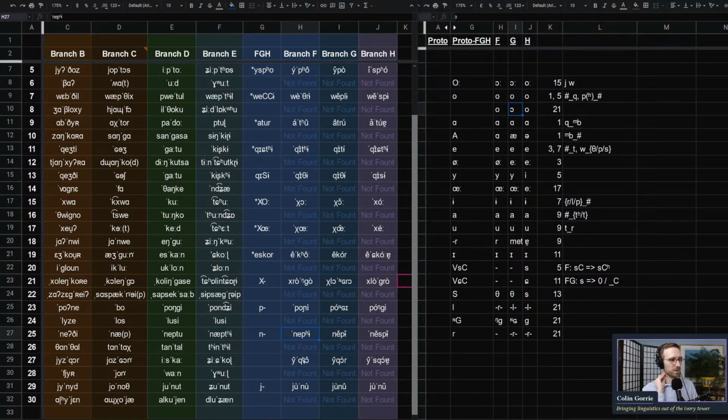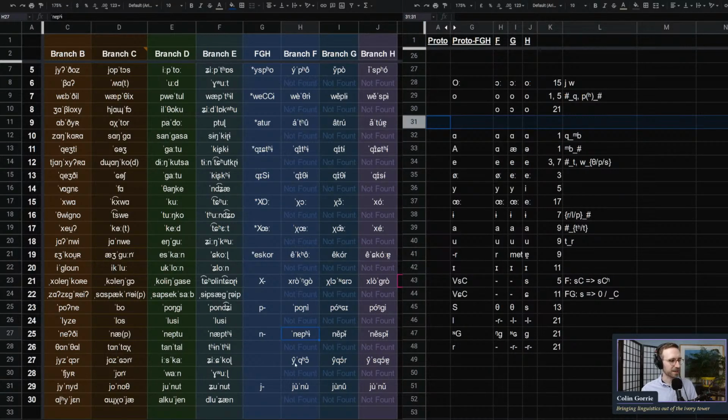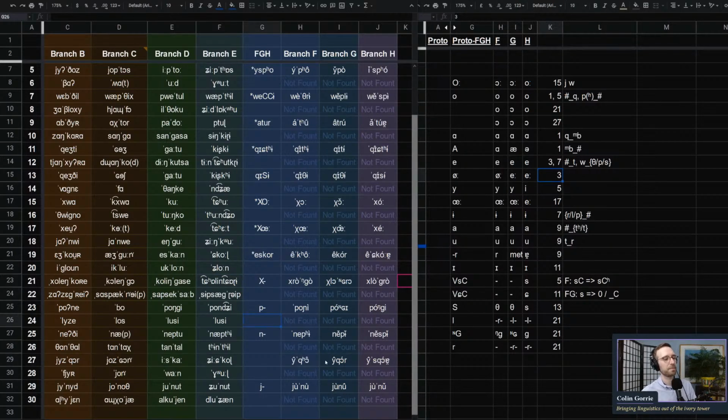And we then also have in 27 an open O in all languages, although that might be the influence of R. R makes vowels do funny things usually.